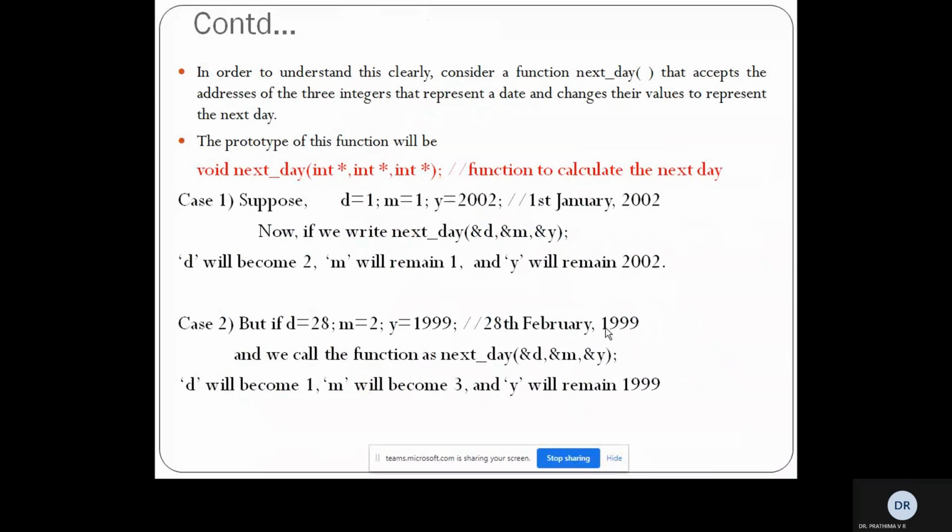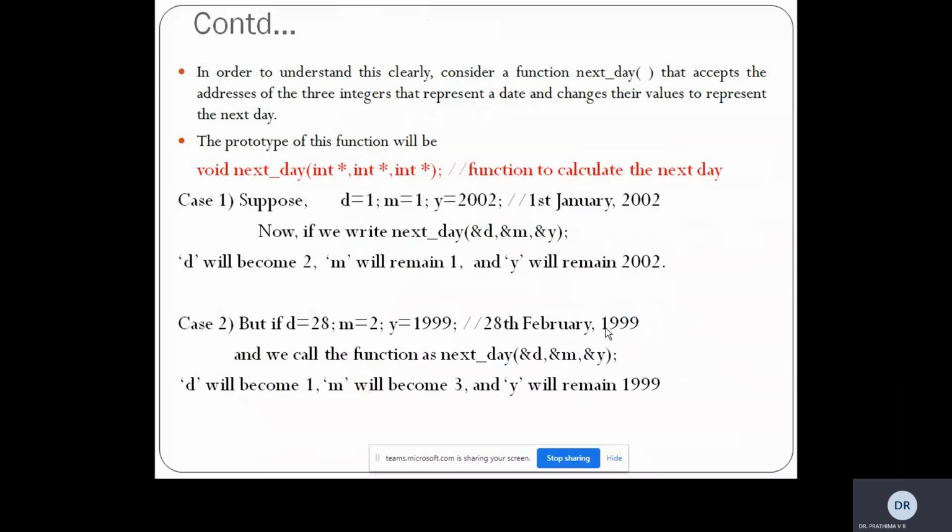Let me take the prototype declaration for this function, given in the red colored block, which you can observe: void next_day, and within the brackets I've passed int star, int star, int star.